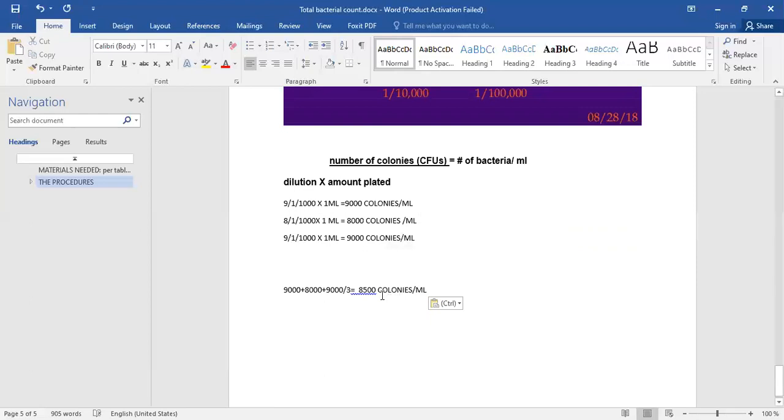That is the colony forming unit, 8,500. So in a single ml, 8,500 bacteria are present in the food sample. Whether it is acceptable or not depends on the food material.